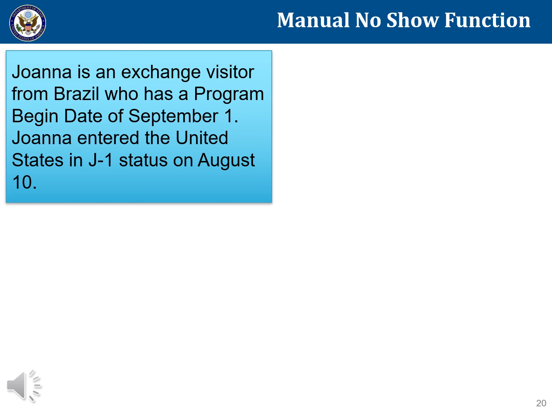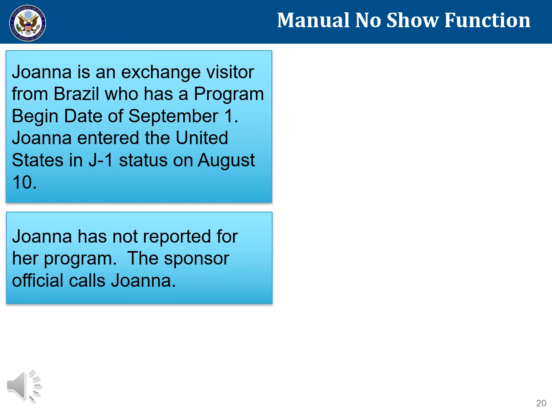We can return to the example of Joanna, an exchange visitor from Brazil who has a program begin date of September 1. The sponsor official can see from Joanna's SEVIS record that Joanna entered the United States in J1 status on August 10. When Joanna fails to report for her program by her program begin date, the sponsor official calls Joanna.